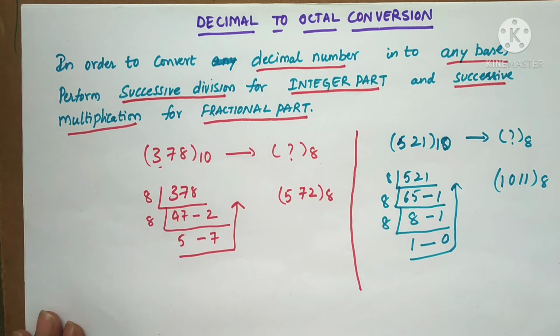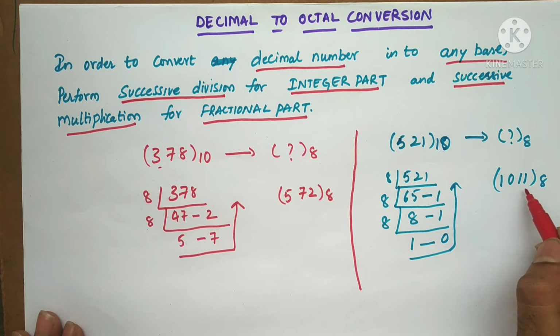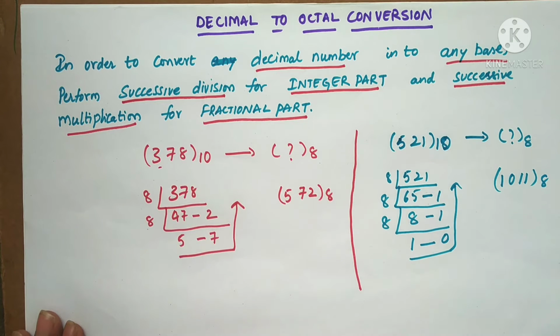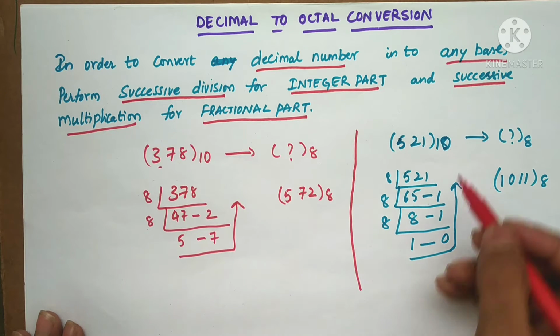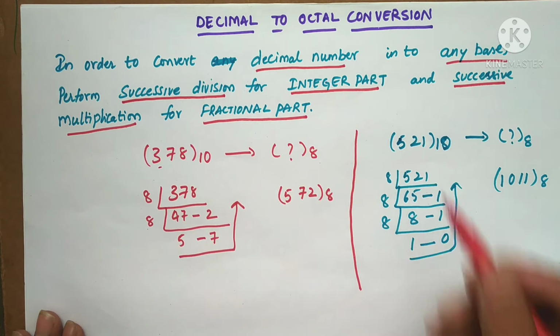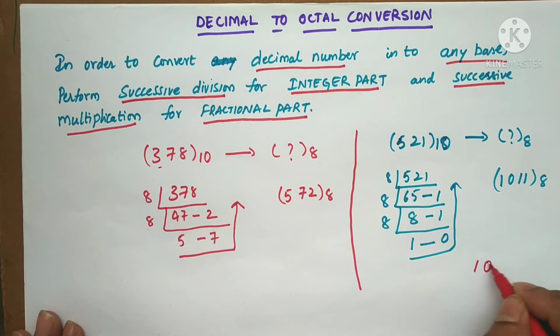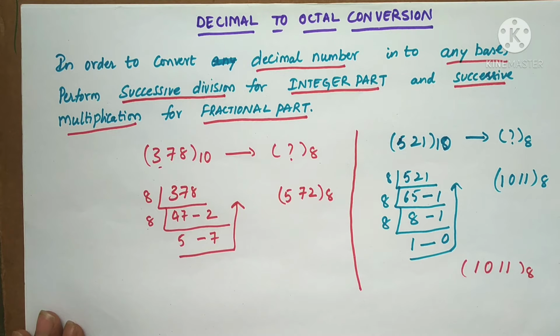To check whether the answer is right or wrong, convert this base 8 number back into the decimal number system. You have to get 521. So 1011 base 8, now convert this octal number into a decimal number.